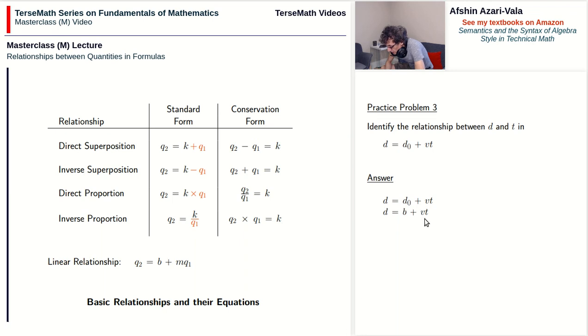And then, in this term that has the unknown t, we turn factors that don't have t in them into a constant. That would be v. And once again, we have a linear equation. So the relationship between d and t is linear.